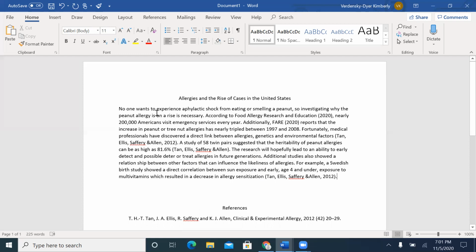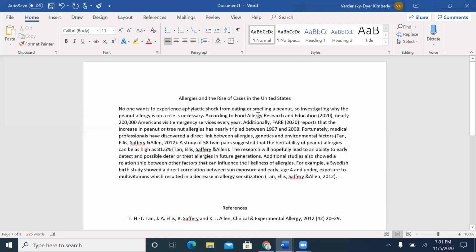Now I'm going to reread my paragraph from the beginning. No one wants to experience anaphylactic shock from eating or smelling a peanut. So investigating why the peanut allergy is on the rise is necessary. According to Food Allergy Research and Education, nearly 200,000 Americans visit emergency services every year.